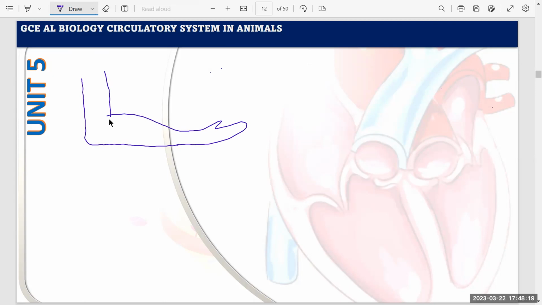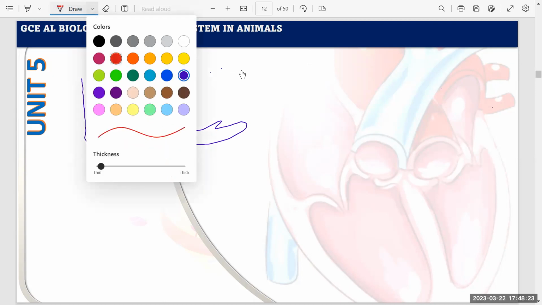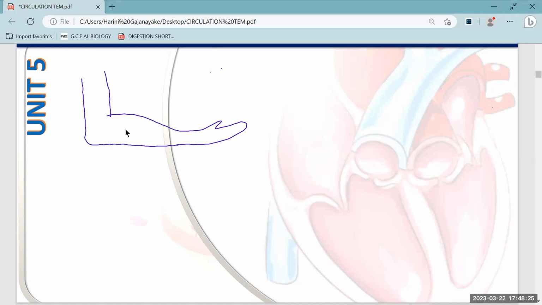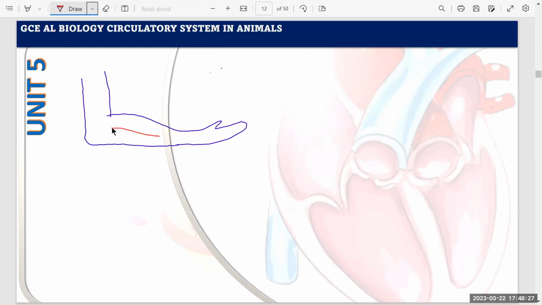We have learned about veins and arteries. Arteries are much deeper, they are running very deep. Why is that? Because they have high pressure. If there is damage to an artery, it's very difficult to control the bleeding.